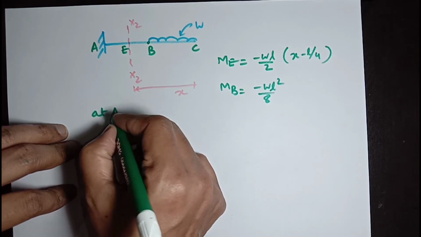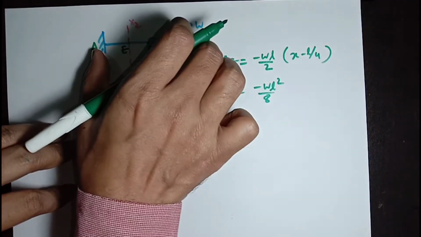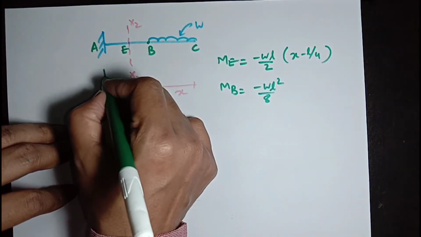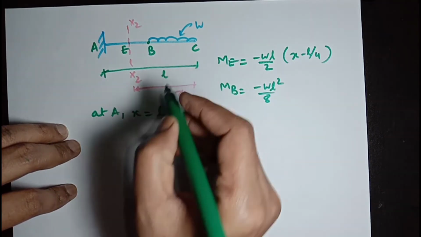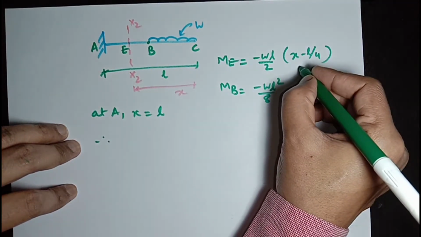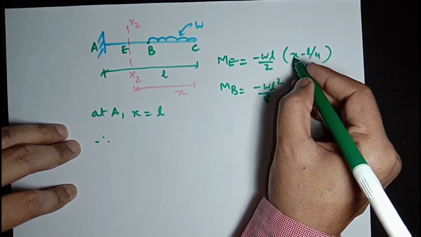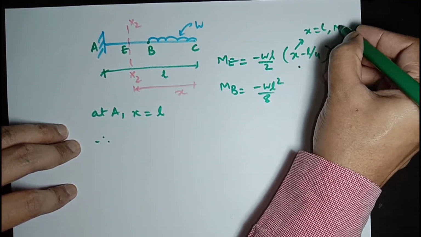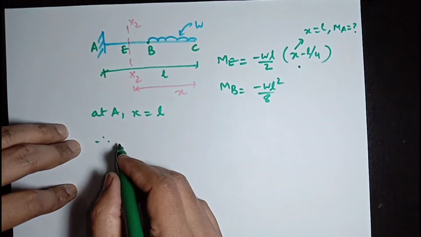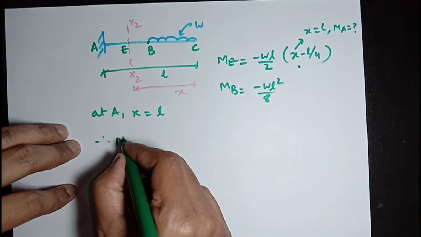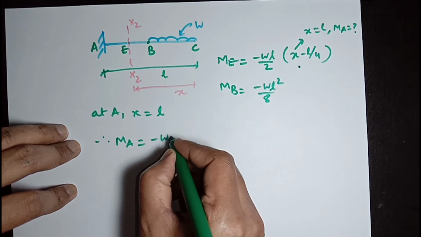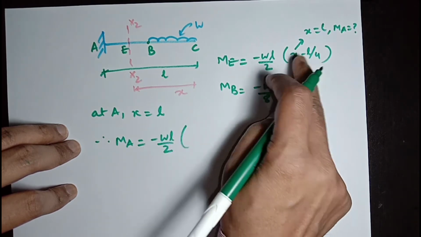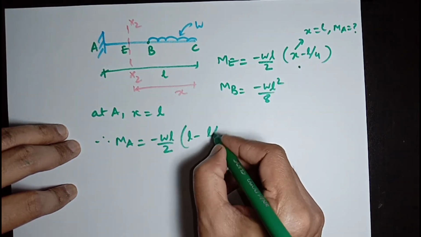At A, x will be equal to L, the total length of this beam. Therefore, from this general expression for bending moment, we will be putting x equal to L here to find MA. So now MA will be equal to minus WL divided by 2. In place of x, we will be putting L minus L by 4.